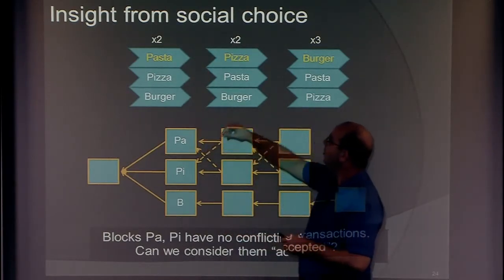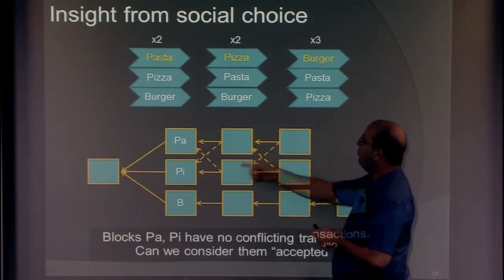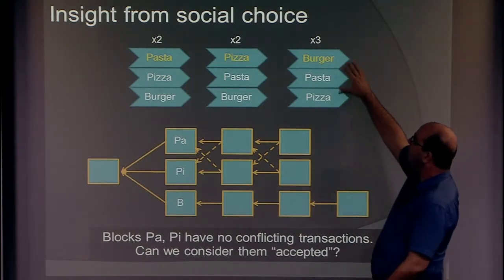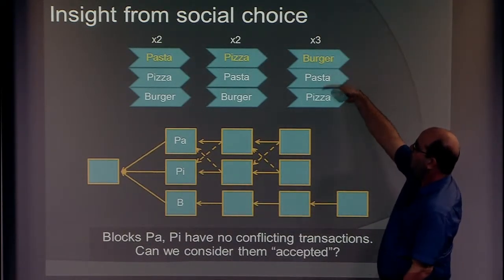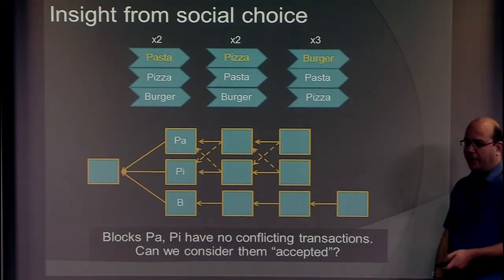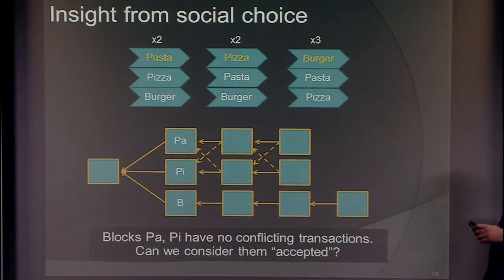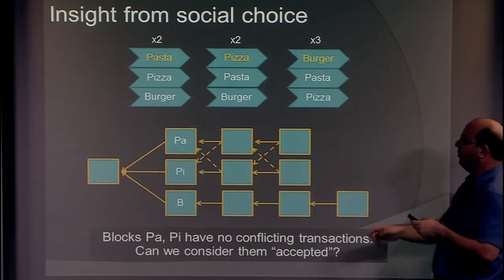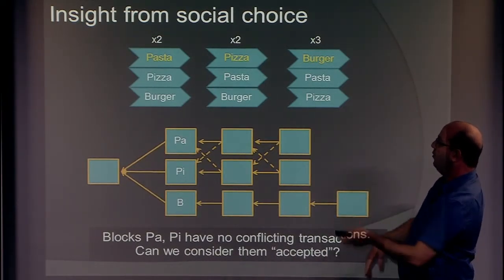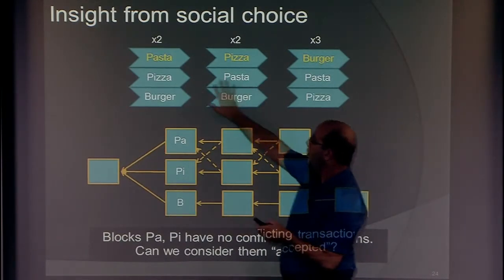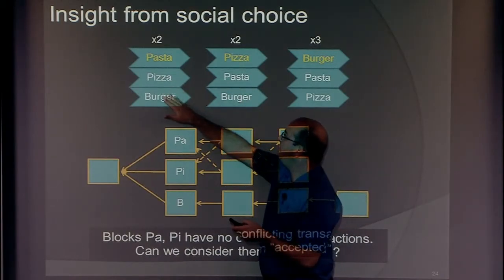There are two votes here. Pizza over pasta, these are these two guys. And this is the attacker. Basically, he wants to change our mind, so he puts burgers in front of pastas and pizzas. So the thing that we know from computational social choice is that the Condorcet loser, in this case, wins. So what is the Condorcet loser? Burgers, basically. If you compare burgers to pasta, these four guys are going to say, we prefer pasta to burgers.